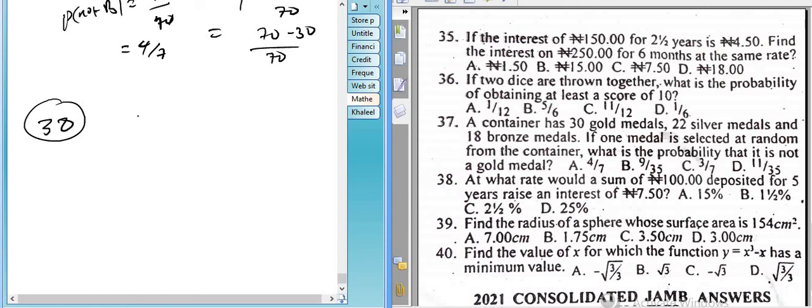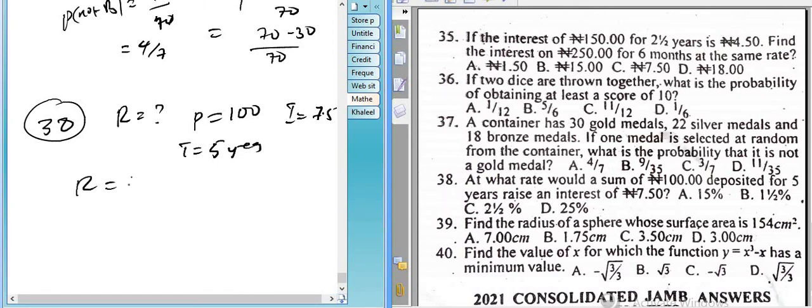So next question, which is the second to the last, question 38, sorry. They were given the rates. We were asked to find the rate, which is unknown, and the sum, that's the principal, is given as 100, and the interest is given as 7.5, and the time is 5 years.